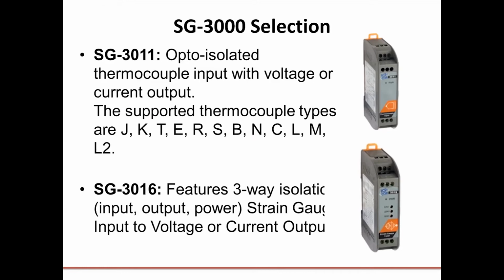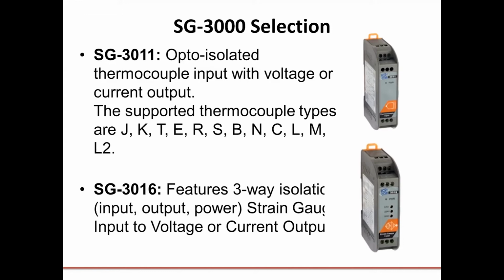The SG3016 is a strain gauge input to voltage or current output signal conditioning module. It has 3000 volt DC three-way isolation for input, output, and power. Users can change the input and output range via internal configuration switches.